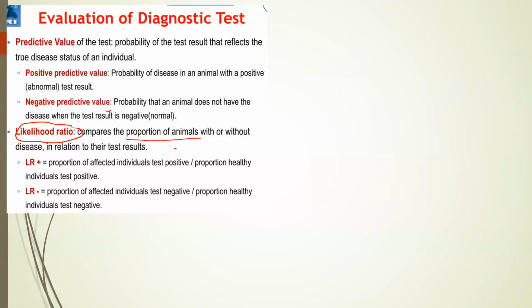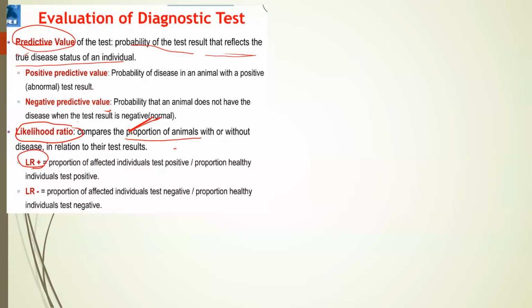How is this different from predictive value? Predictive value is basically the probability of a test result that reflects whether the patient is actually truly diseased or not. But likelihood ratio is taking the proportion. So basically it is a ratio, in other words. But predictive value is the chance, the percentage, a probability.